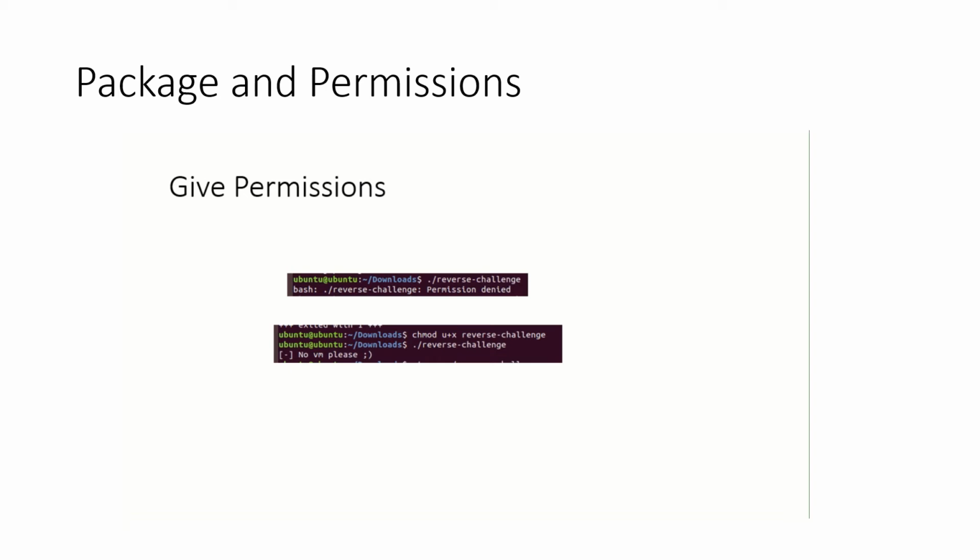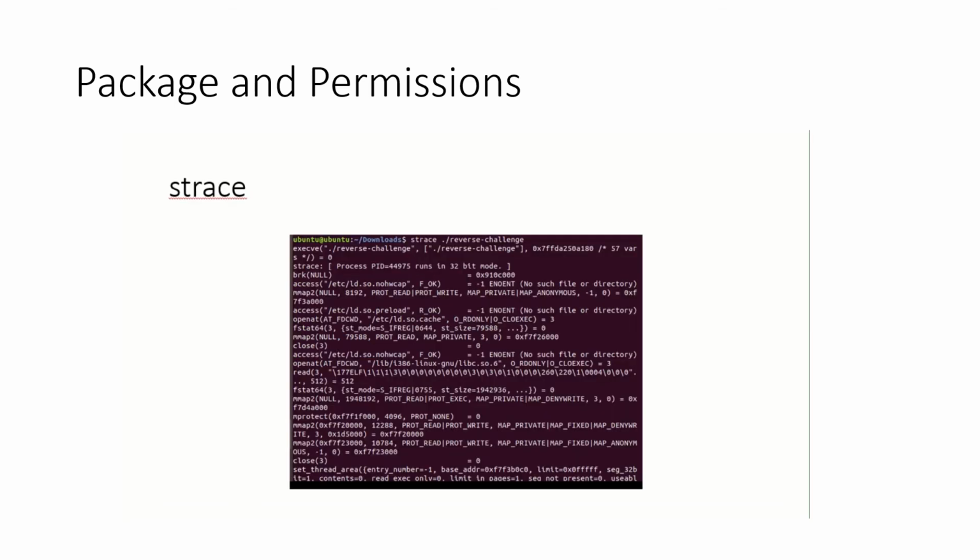So before proceeding further we just need to give the permissions. We are using chmod u+x reverse_challenge, and then when we give the permission and run the command, it runs successfully and says "no VM please."